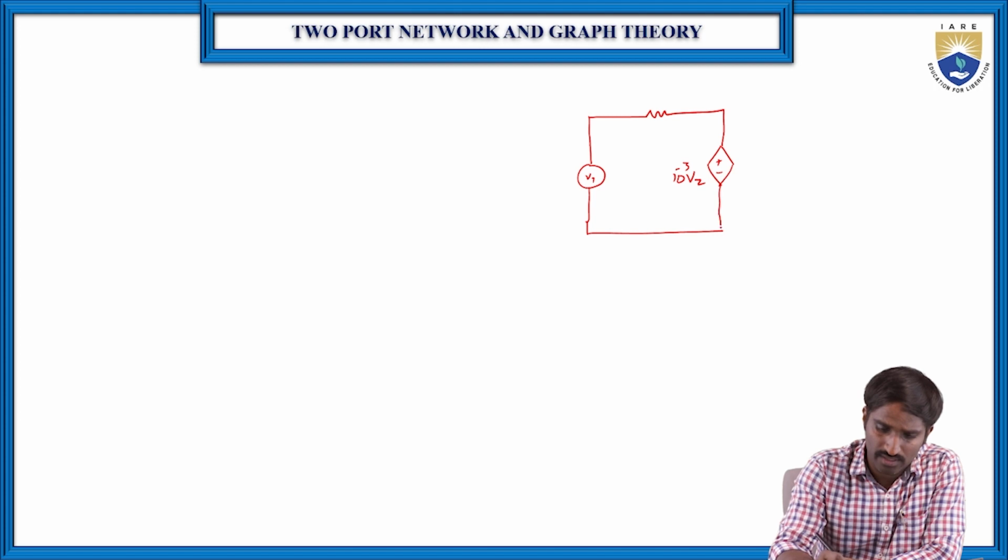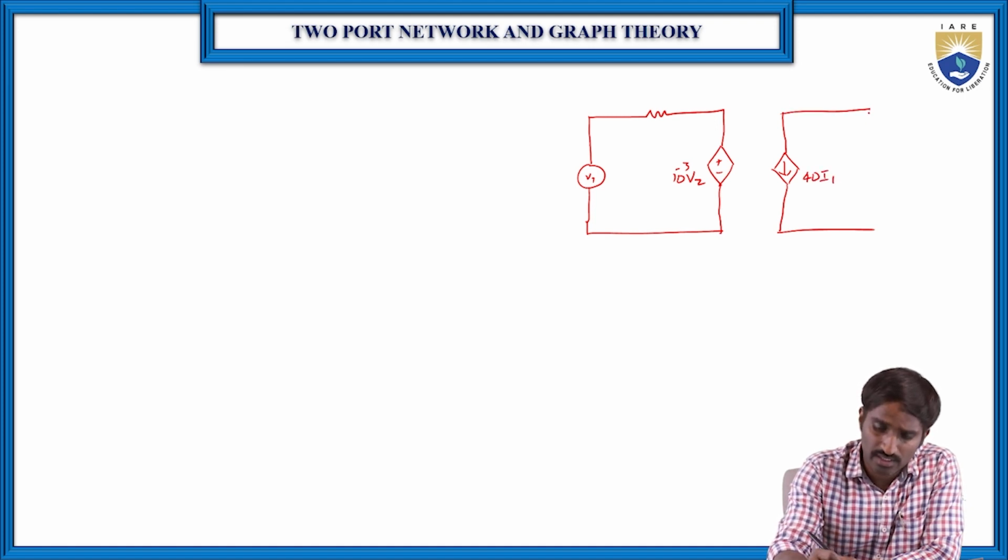And here again there is a dependent current source, whose value is 40 I1.